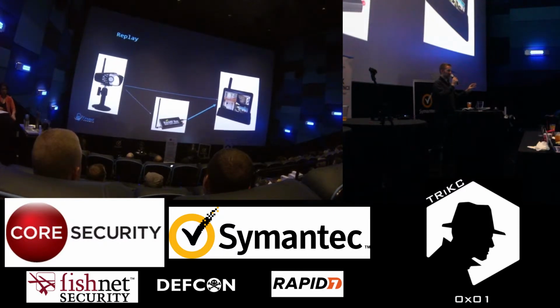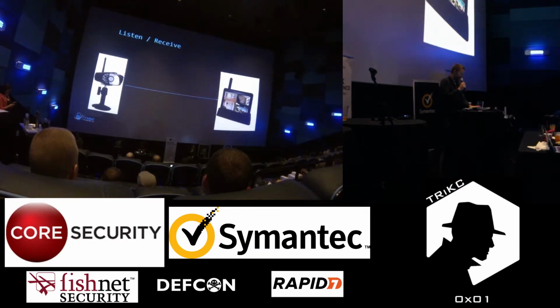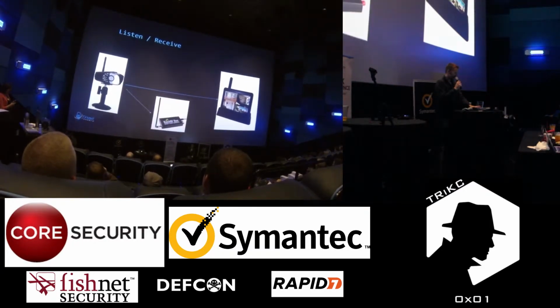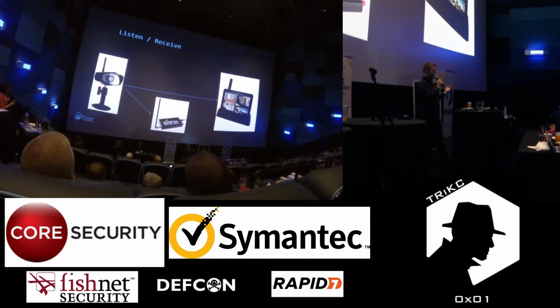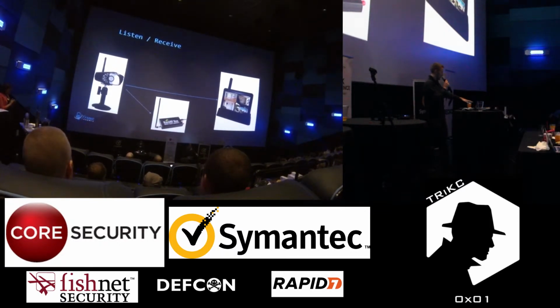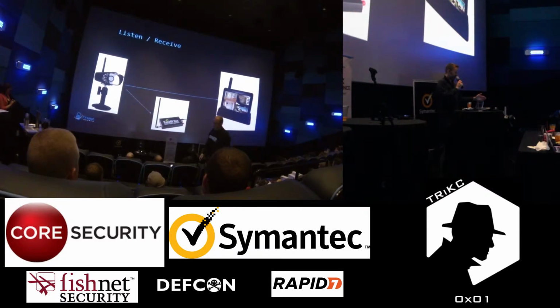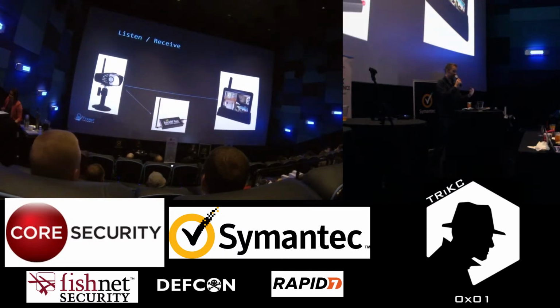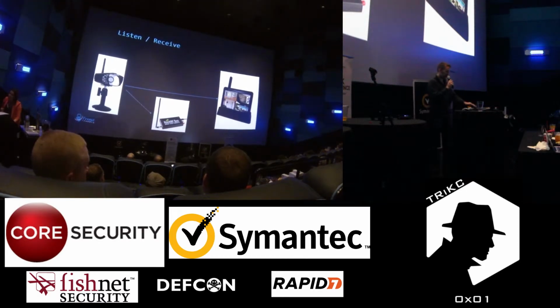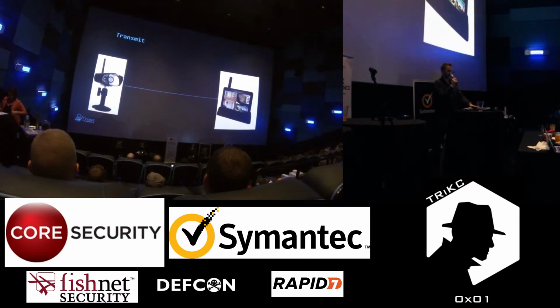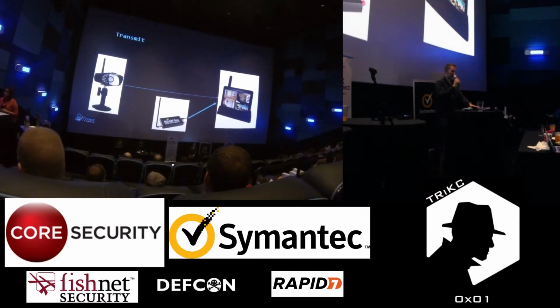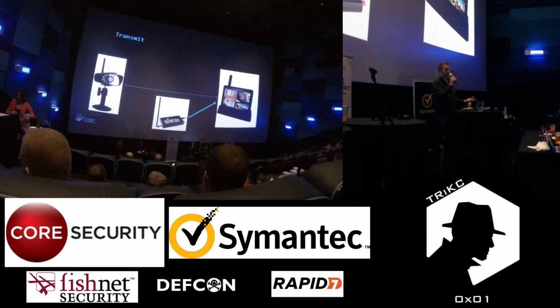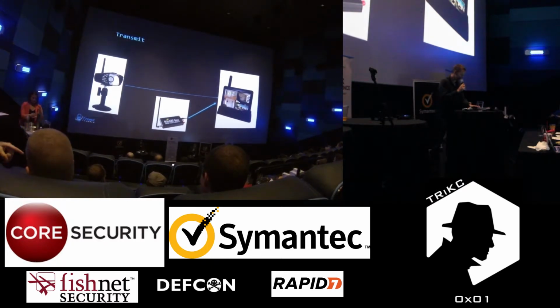So if your signal is strong enough, then it'll appear that nothing is happening over that surveillance system. Beyond that, you can listen and receive. So basically, if you're sitting there with HackRF or any sort of software-defined radio, HackRF is just one of them, but HackRF is the one I own, so that's why I'm mentioning this talk. You can listen and receive the signal, and then from there you can just decode the information and try to identify what's going on. Beyond that, once you've listened and received, you can actually just transmit a signal. So you can broadcast your own signal, telling the receiver whatever you want.